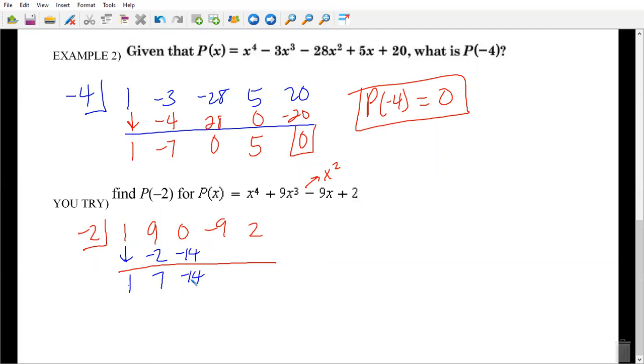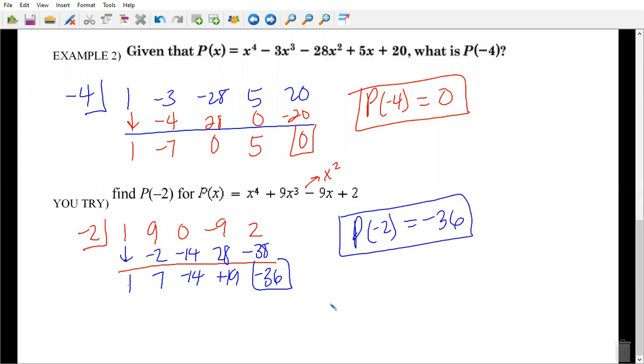Negative 2 times negative 14 is positive 28. Negative 9 and 28 make 19. Negative 2 times 19 is negative 38. And 2 minus 38 is negative 36. So p of negative 2 equals negative 36.